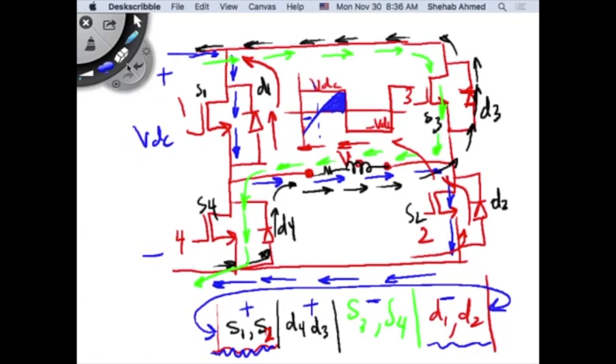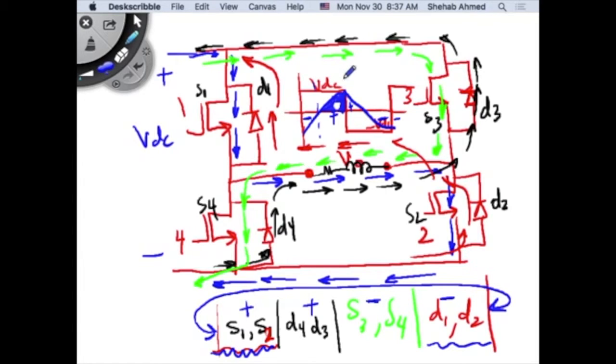Then this is positive as well, right? So it's negative and then positive, positive, negative, negative, and this keeps repeating, right?